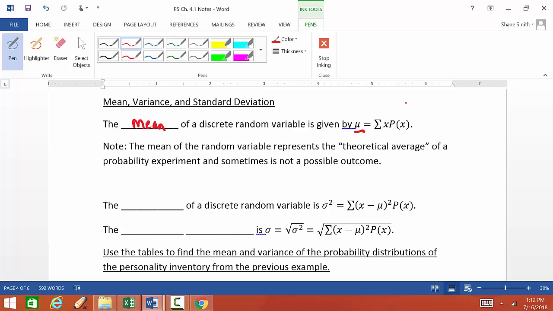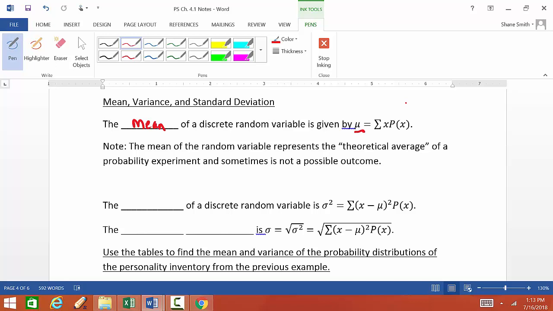so it doesn't have to be an actual outcome that's possible. For example, let's say that you have a probability distribution of how many people are in a household in the United States, like the average number of people in the household. And I think the average number of people per household is like 2.5 or something like that.